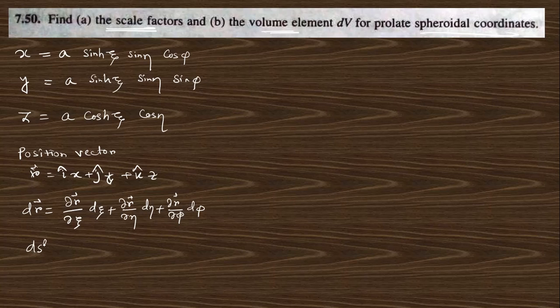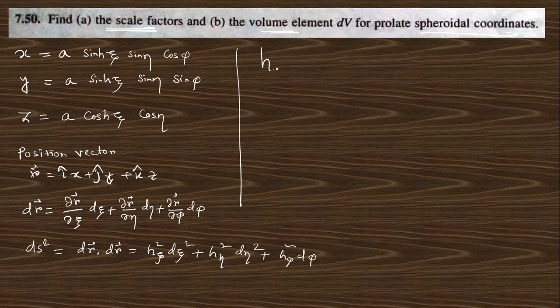Then find ds square, the square of the arc length, which is nothing but dr dot dr. Calculating this, you will get h xi square d xi square plus h eta square d eta square plus h phi square d phi square. From that you can obtain the value of h xi, which equals h eta, and this is nothing but a root under sinh square xi plus sin square eta.